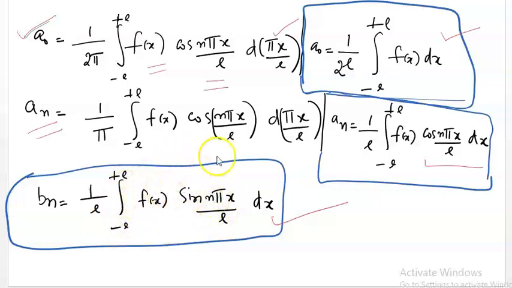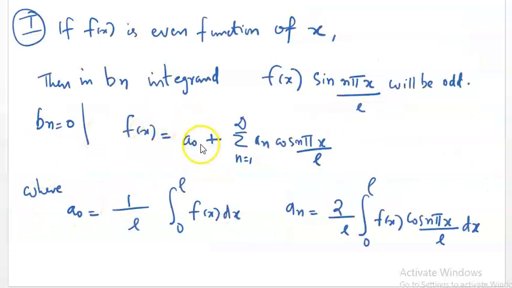But for the other one, f of x is even and cos n pi x by L is even, so we have an even function. So a0 and an will be there, but bn will be 0. And f of x is now given by this, where a0 is given by this.